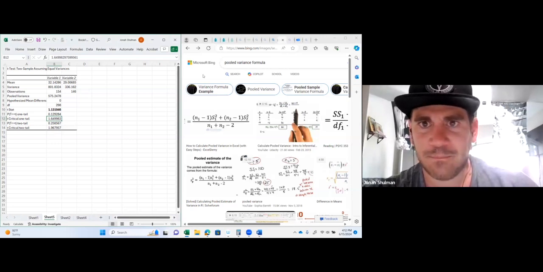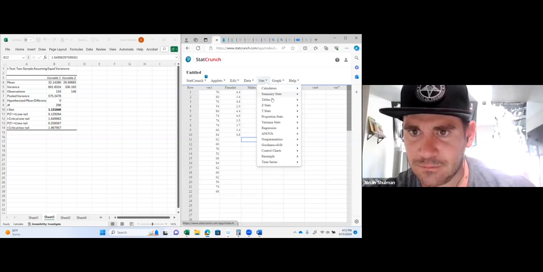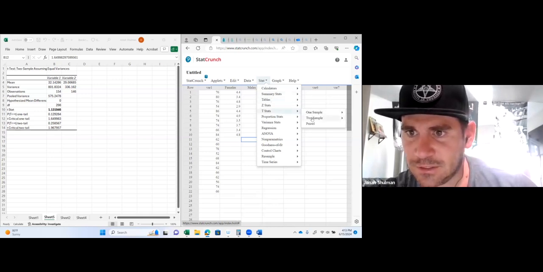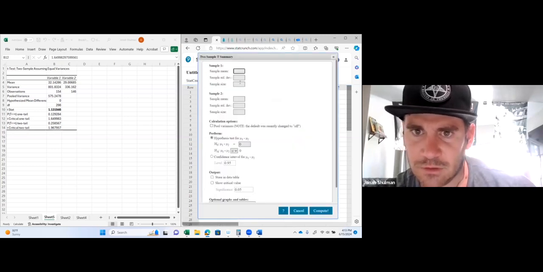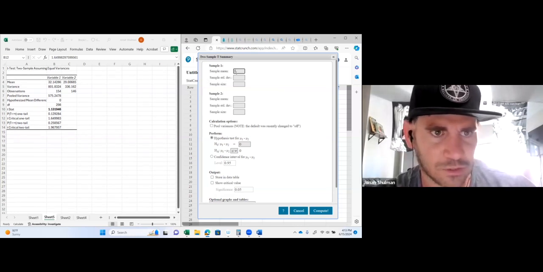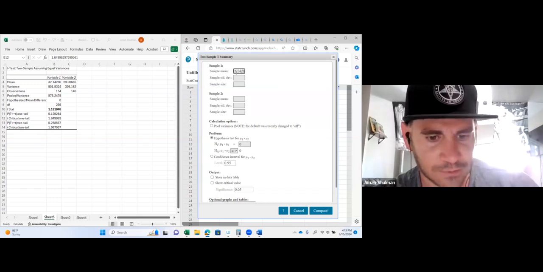I bet I could do this with StatCrunch. Let me just move my floating head. A t-statistic, two sample. We have the summary. Perfect. So here we go. So our sample mean for the girls was 32.14286.